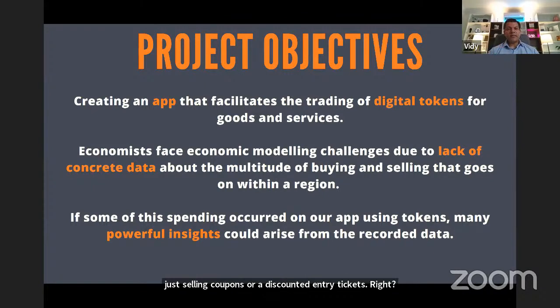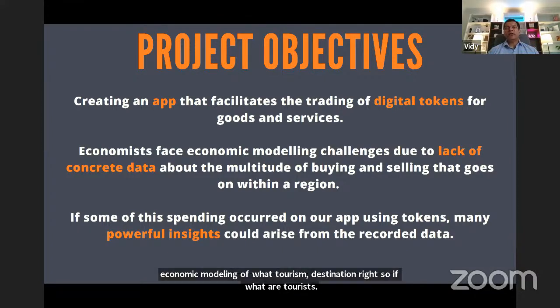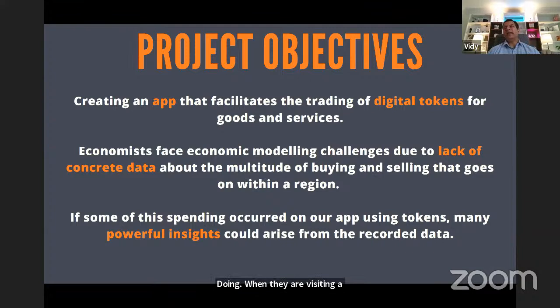So if you look at the next bit, the second paragraph of this slide, it says, economists faced economic modeling challenges due to lack of concrete data about the multitude of buying and selling that goes on within a region. So what this means is the higher overarching objective was to do economic modeling of a tourism destination, right? So what are tourists doing when they are visiting a place? Do they go and buy an entry ticket for a place to see? Do they go and have food at these restaurants?